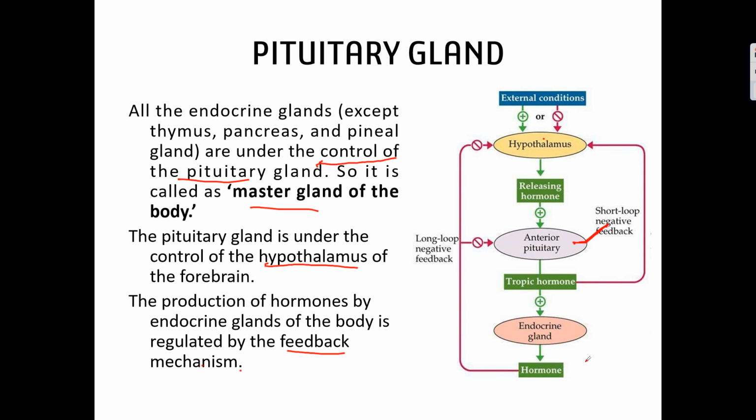When the production of this hormone reaches a certain quantity, it goes and signals the pituitary gland as well as the hypothalamus to stop the production. You can see the symbols here. This is called the feedback mechanism. Why is it called feedback? Because the product of this entire process goes back and tells it to stop the production.